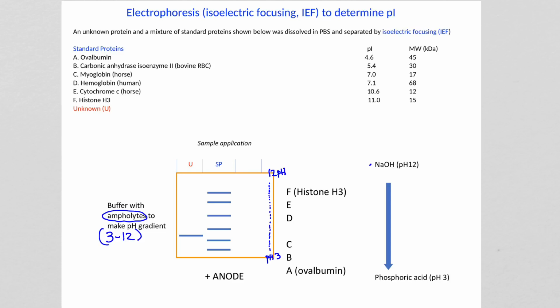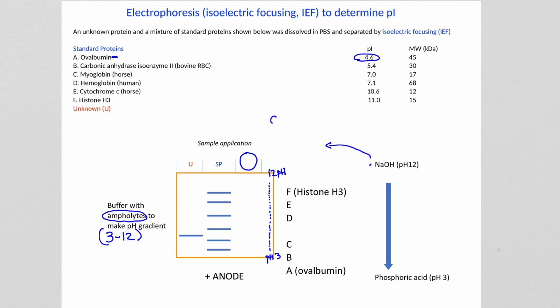Now let's say we apply a protein on the top of the gel. Let's say this protein is ovalbumin, which has a pI of 4.6. Since this ovalbumin is seeing sodium hydroxide, that's a very high pH, right?